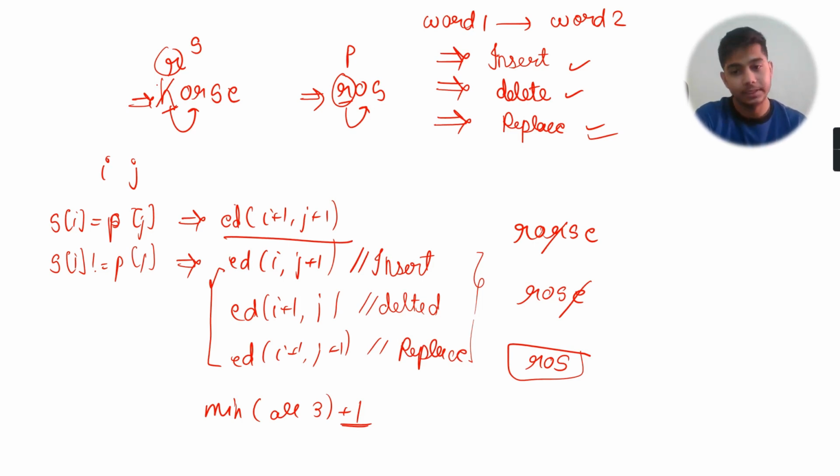And what will be the base cases? If any of the string becomes empty, right? Suppose my string becomes empty and I have to convert that string to pattern, I cannot move it further.